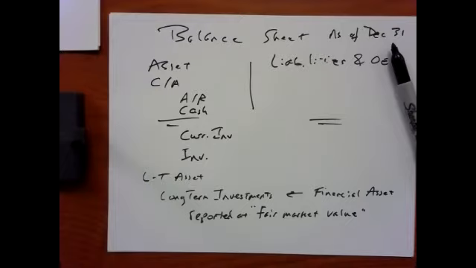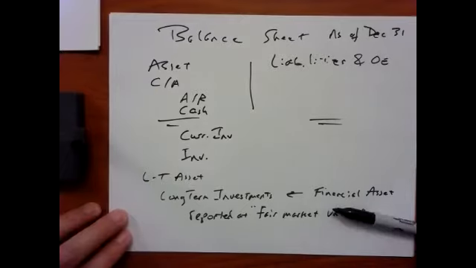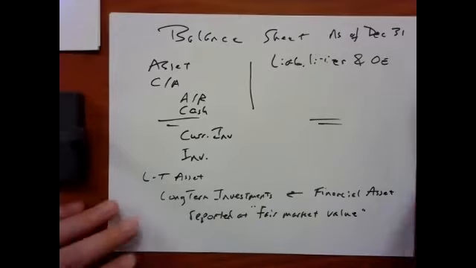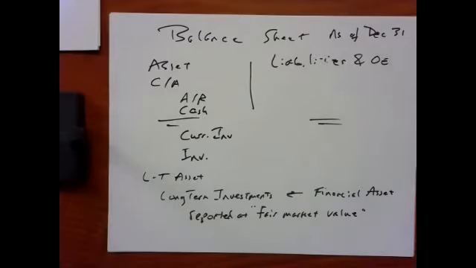Well, actually, as it turns out, this is kind of unique because the rest of the balance sheet is reported on a historical basis. So we'll get into what that means in a second. The thing to remember about financial assets is they are reported at fair market value, meaning the value of the assets according to the market on the date that the balance sheet is constructed.